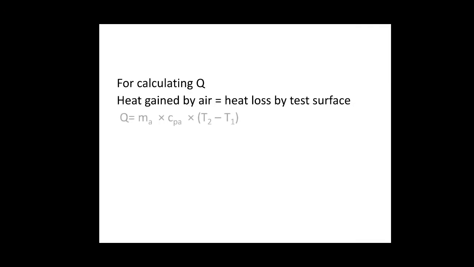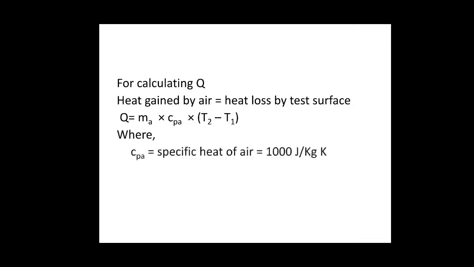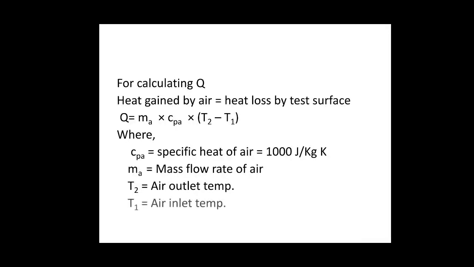Now, heat gained by the air is given by Q is equal to MA into Cp into delta T, where Cp is the specific heat of air at constant pressure, which is 1000 joule per kg Kelvin. MA is the mass flow rate, T2 is the temperature of air outlet, T1 is the temperature of air inlet.